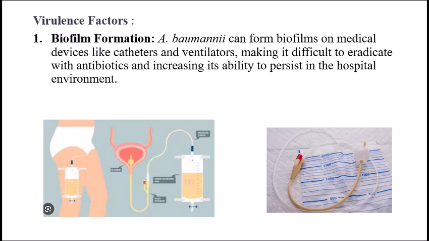In virulence factors, we have biofilm formation. A biofilm is like a protective slime layer that bacteria make to cover themselves. Think of it as a shield that sticks to surfaces. Where does Acinetobacter baumannii form biofilms?